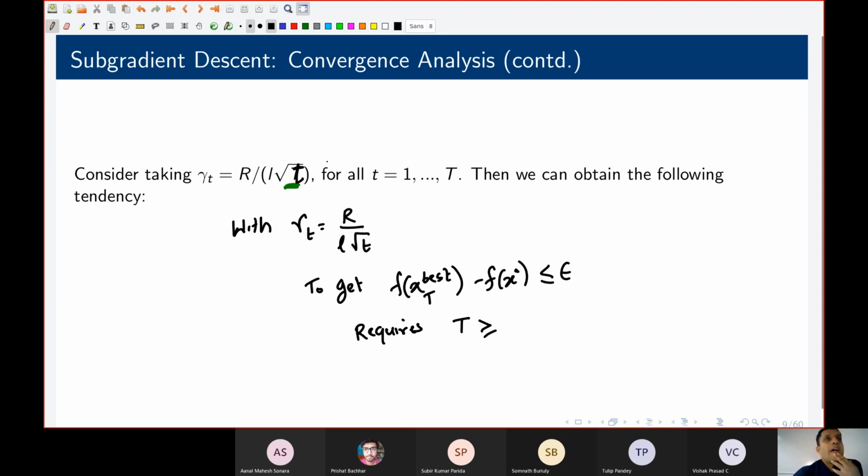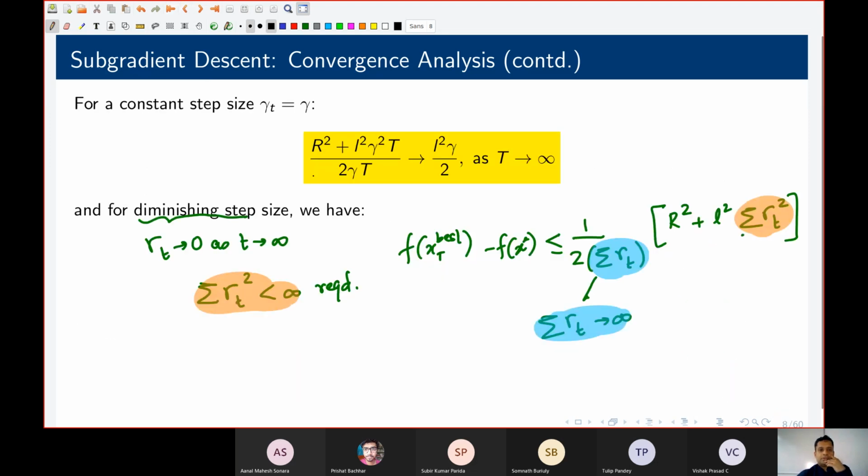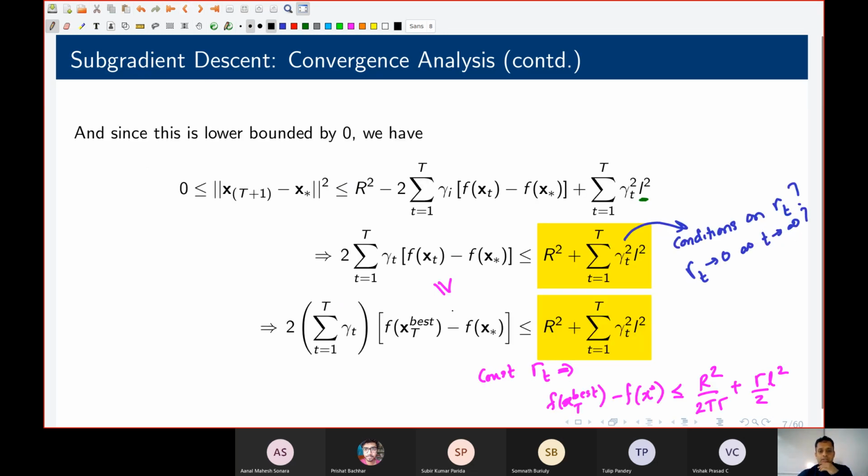So we want this to be less than or equal to epsilon. What's a sufficient condition?